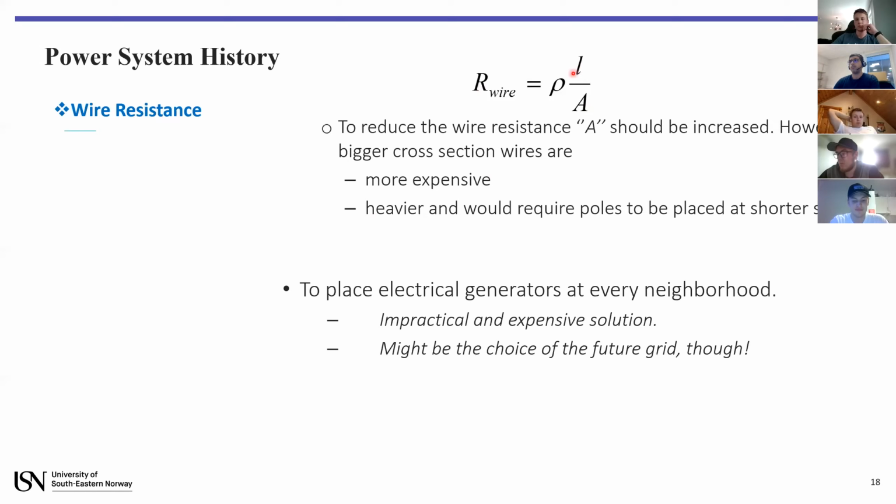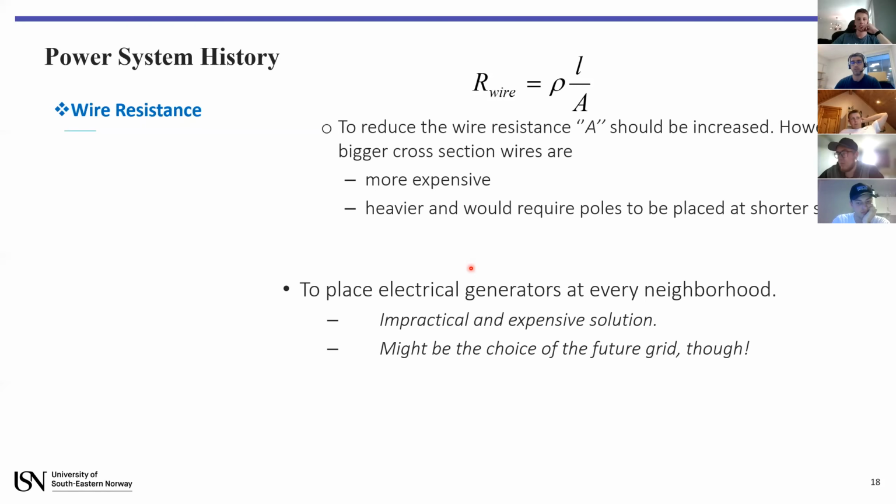On the other hand, we can decrease the length. If you decrease the length, you can decrease the resistance. However, in order to do that, we have to bring the power plant close to the consumer. At Edison's time, it was impractical.